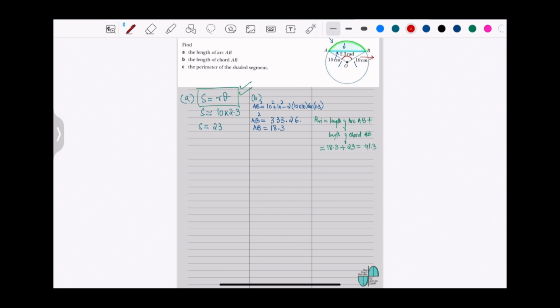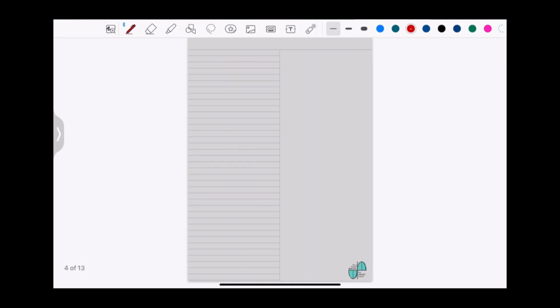So now looking at another new concept. In the same sector that we had drawn previously, if I have to find out the area of that sector, so this is the area covered by the sector.